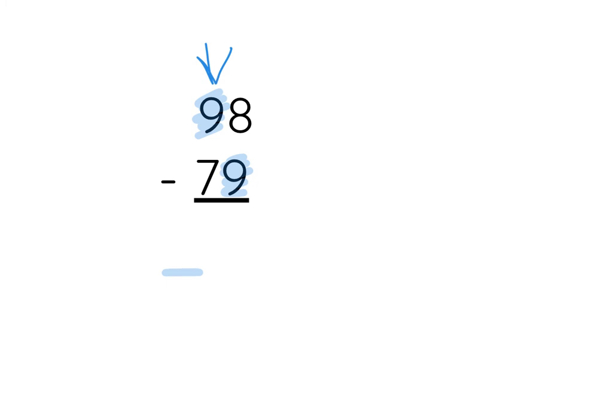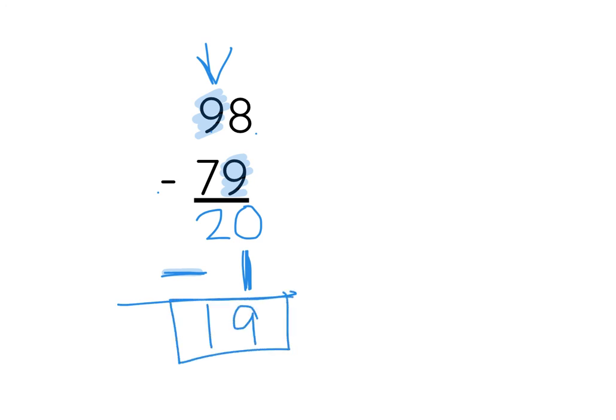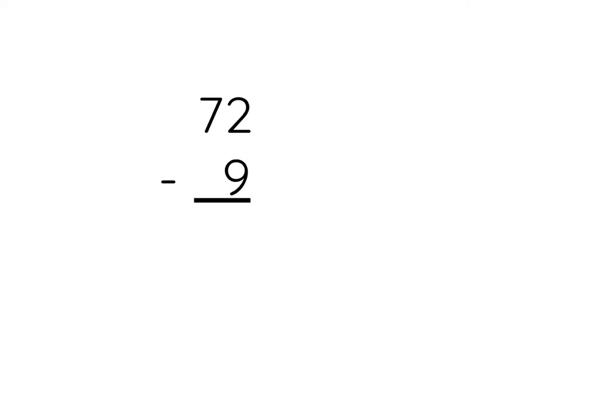Subtract the tens. 90 minus 70 equals 20. 8 subtract 9 equals a negative 1. So 20 subtract 1 equals 19. Can you see why I love these problems? I just love the way they work out.